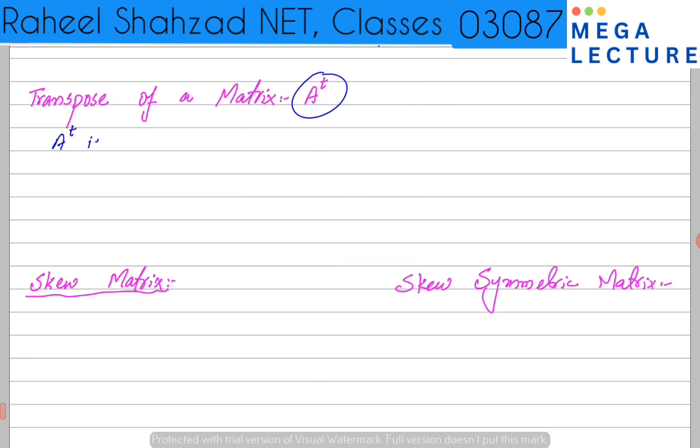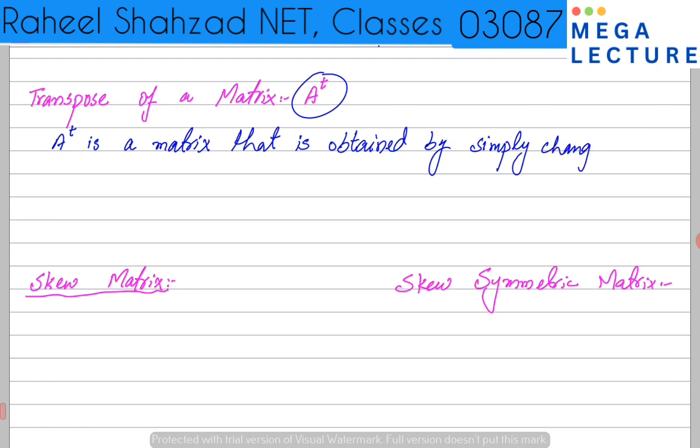A transpose is obtained by simply changing its rows with columns.